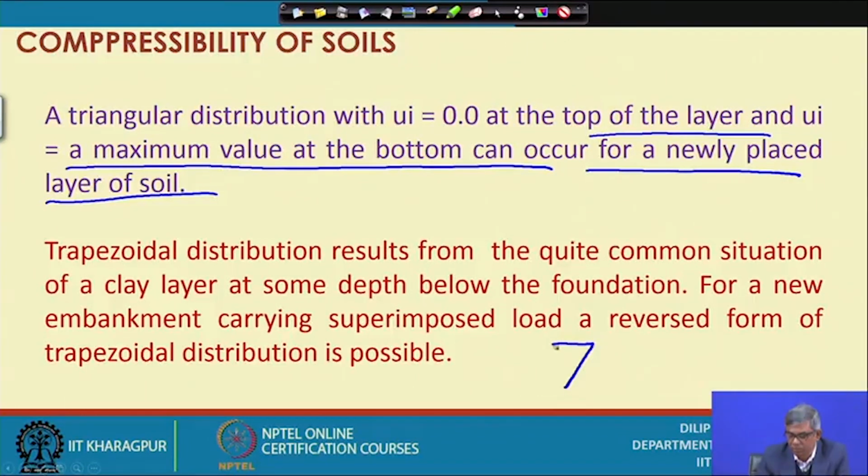And just the reverse, for a new embankment carrying superimposed load, a reverse form of trapezoidal distribution can be seen.